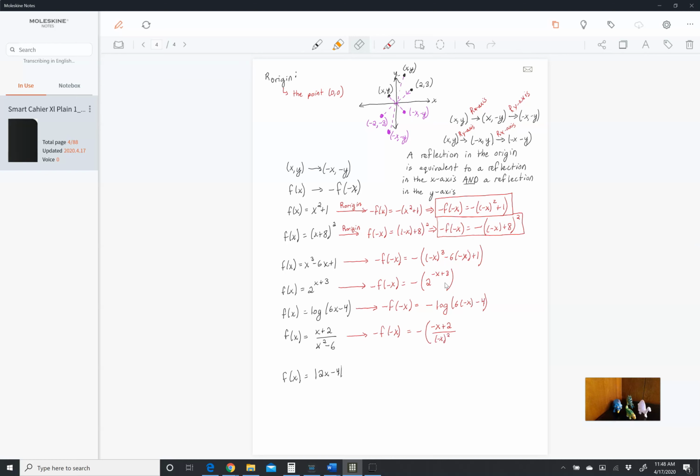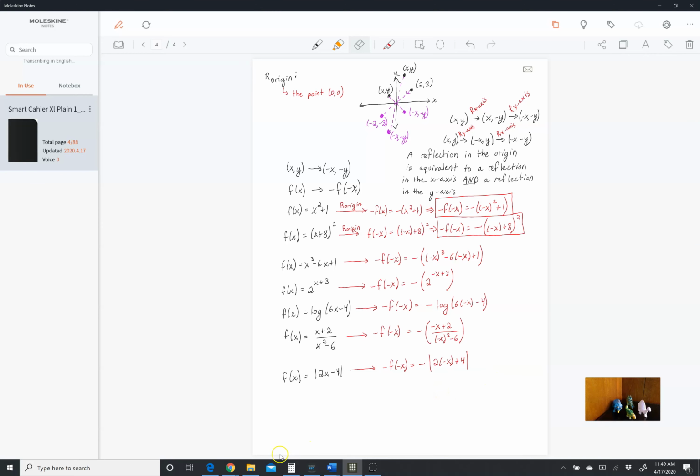So you can do this in 2 steps or 1. It's completely up to you. And then same thing here. You don't need parentheses because the absolute value sign acts as the parentheses. So you put in negative, and then every x gets replaced by negative x.